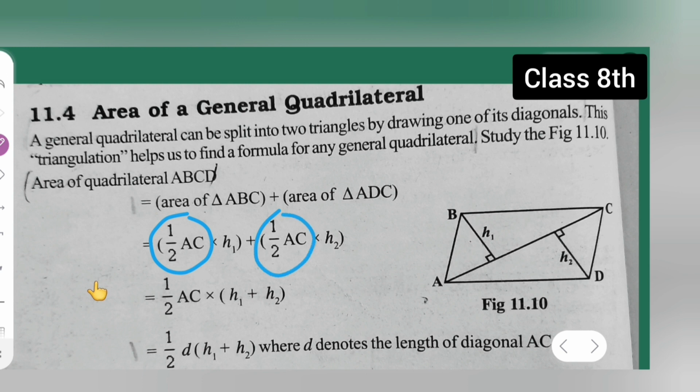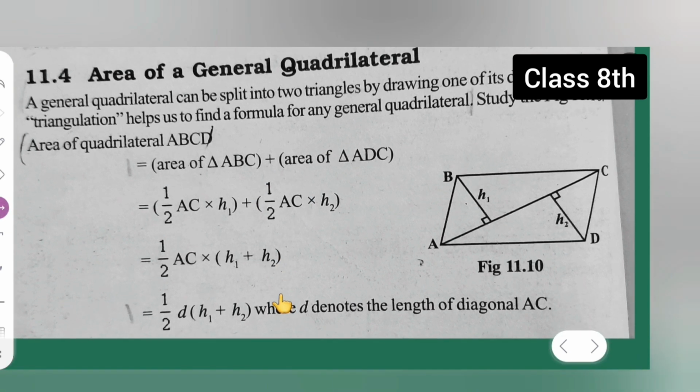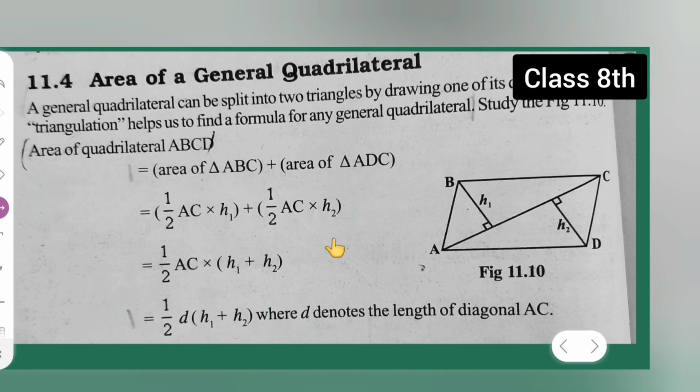This part is common, it is the same. So what I have done, I have taken the common part outside: half AC multiplied by H1 plus H2. So half into D into H1 plus H2.